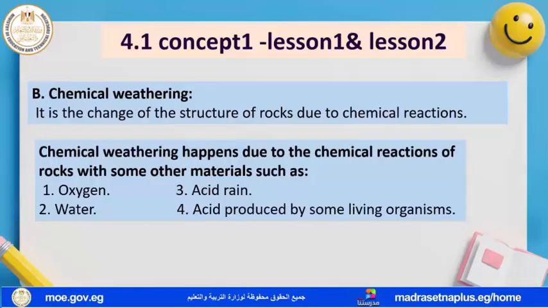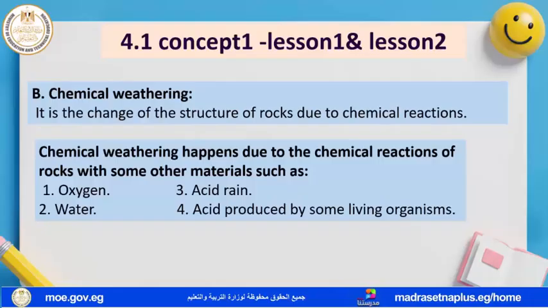Chemical weathering happens due to the chemical reactions of rocks with other materials such as oxygen, acid rain, water, and acid produced by some living organisms.